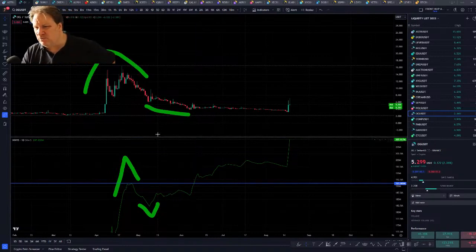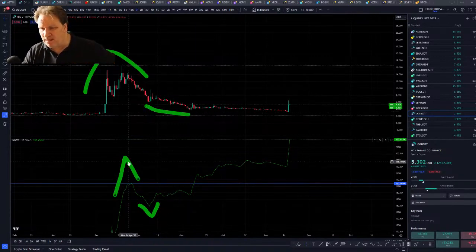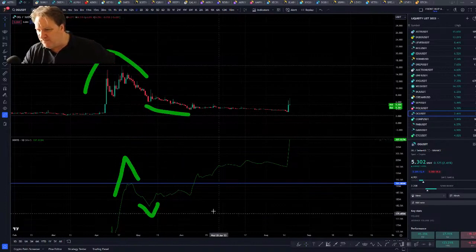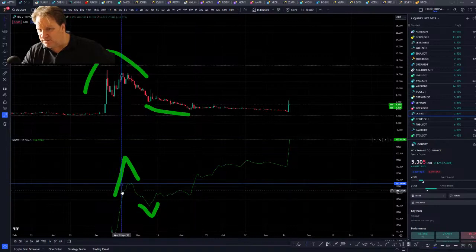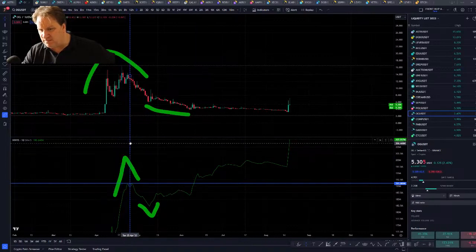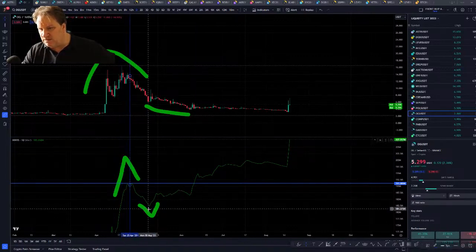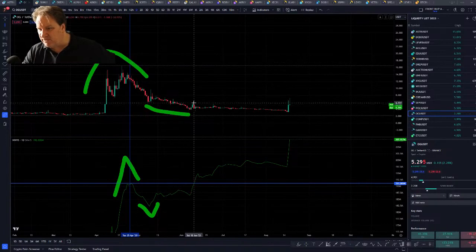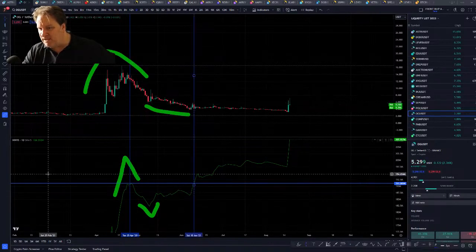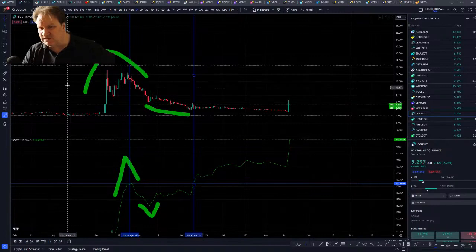But let me show you how to work out when it was going to pop. So if I put a vertical line through the previous peak here, and I'm using the previous peak on Newton's wave rather than the price because it's more accurate, and that bit there was where it started to turn.